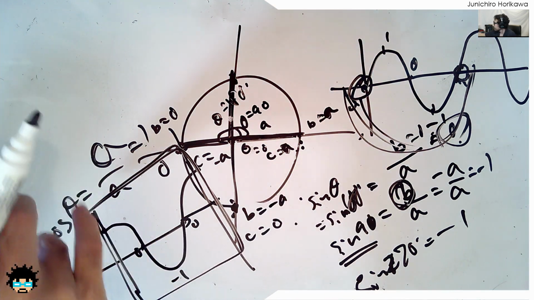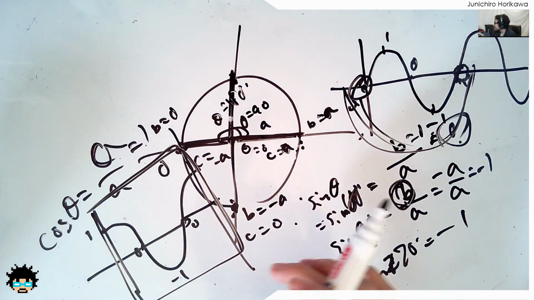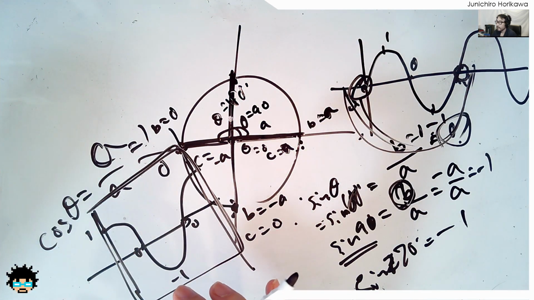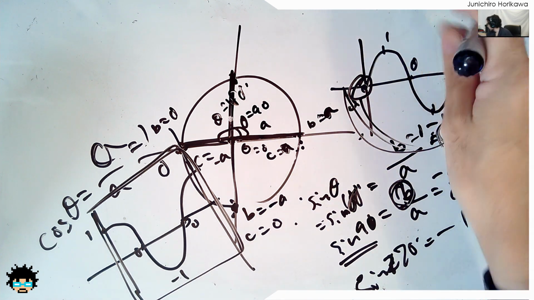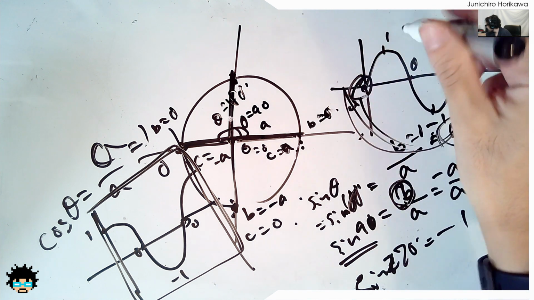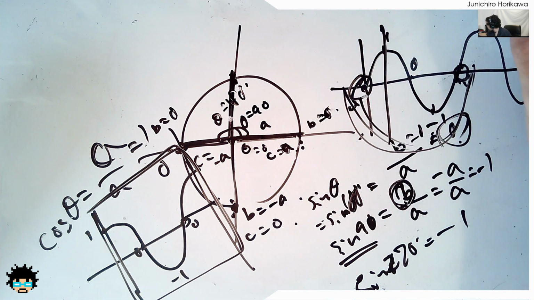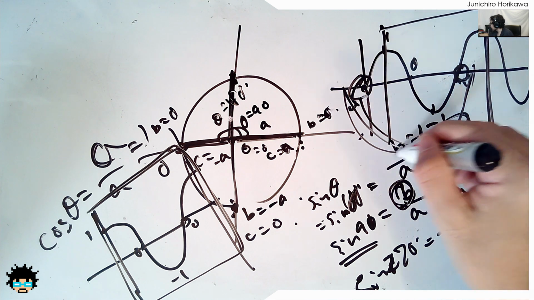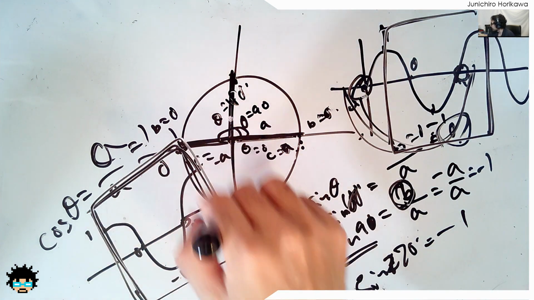So you can say that the cosine wave and sine wave is pretty similar. It's just half pi offsetted. So if you offset the sine wave just 90 degrees to the left, you have this same wave that you have right here as a cosine wave.